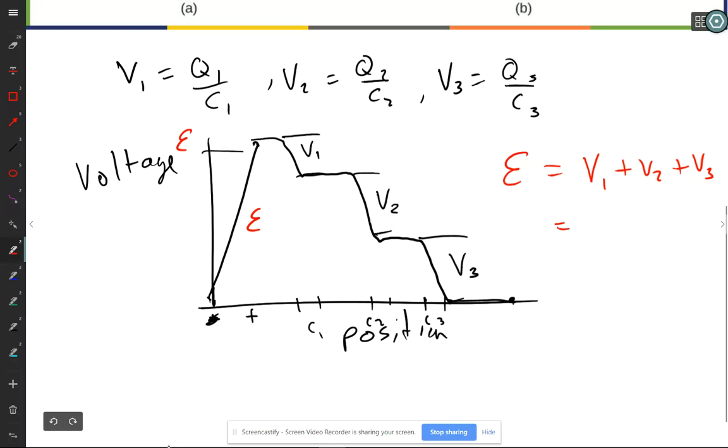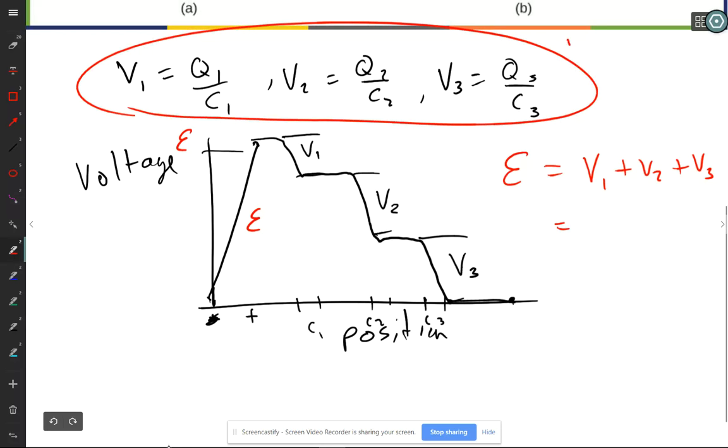So using these equations, voltage subscript X is equal to Q over C subscript X. I'm going to have Q over C1 plus Q over C2 plus Q over C3 is equal to the EMF.